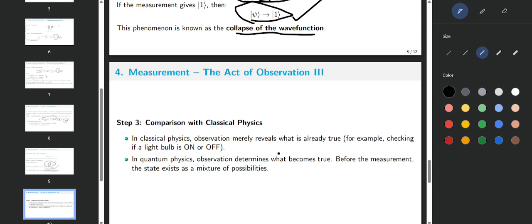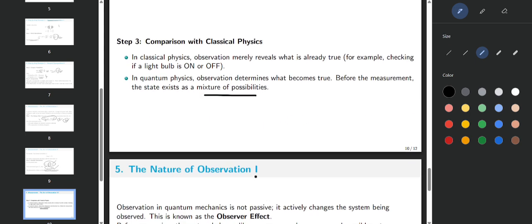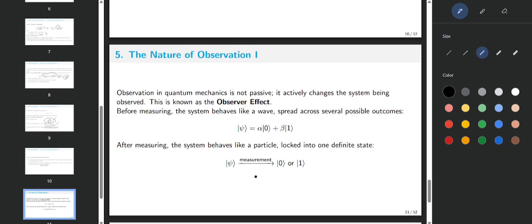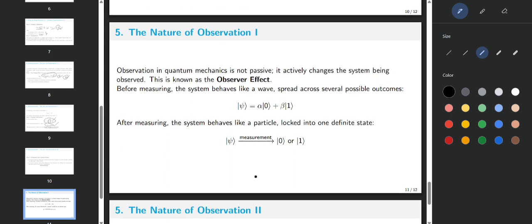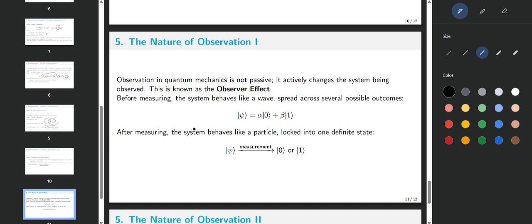So, the nature of observation. In quantum mechanics, observation is not passive, it is not like a fixed output, it actively affects reality. Before we look, the system behaves like a wave. When you observe or measure it, we call it the observer effect. Before measuring, the system behaves like a wave, spread out over many possibilities, that is alpha ket 0 plus beta ket 1.